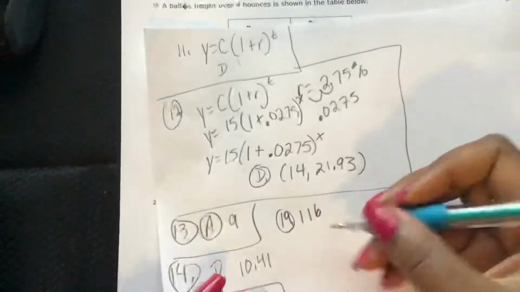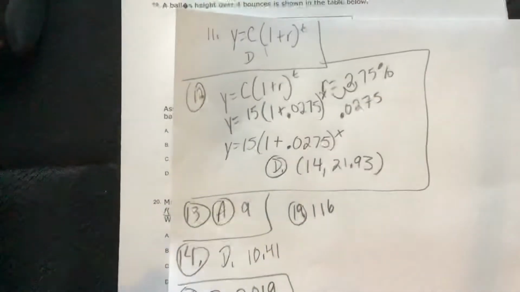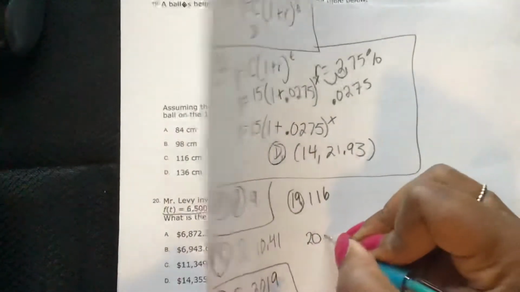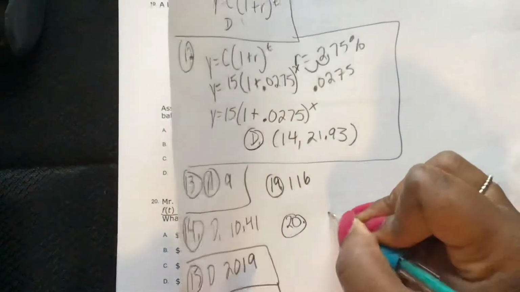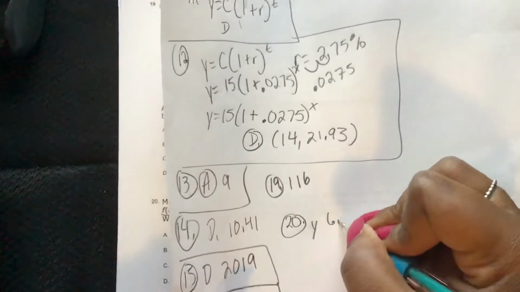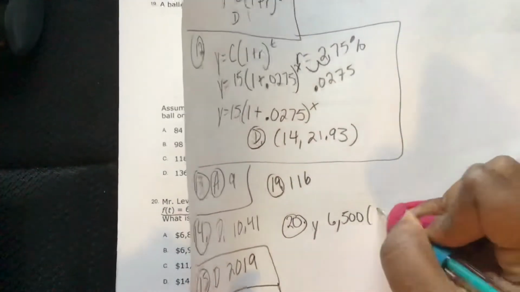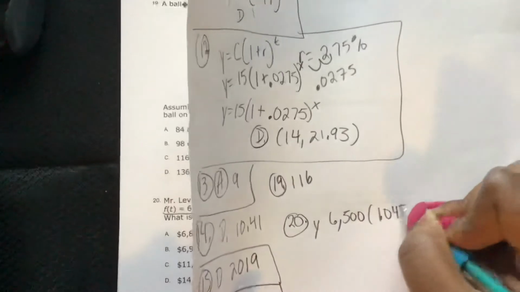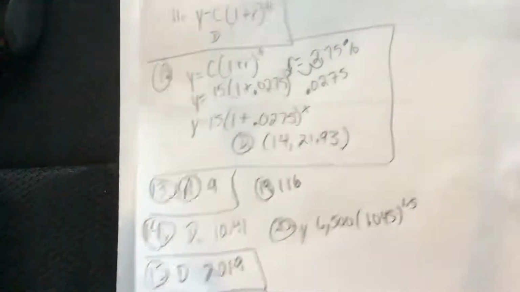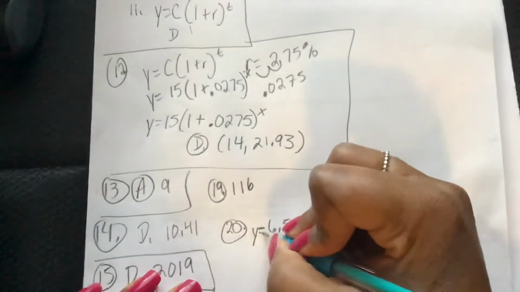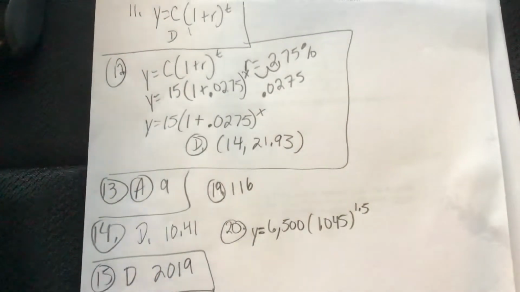So when we type this into our calculator, this is what we type. We have, and then our t is going to be that 1.5. So this is what we can type in. Don't forget the equals, Reyes.